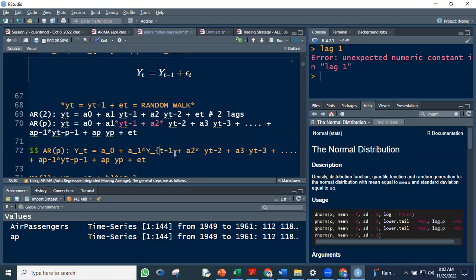Brackets ito. Para mas pronounced. Underscore y sub t minus 2.